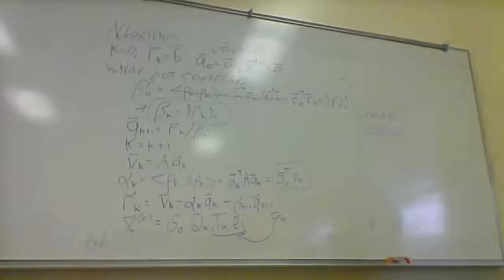I've actually tried this, and it works quite well. So Lanczos iteration is a fundamental algorithm in many different contexts. This is just one of the most often used to solve systems of equations.